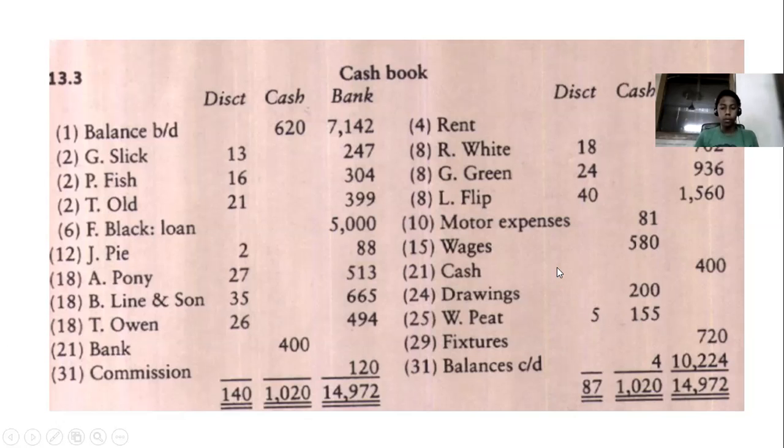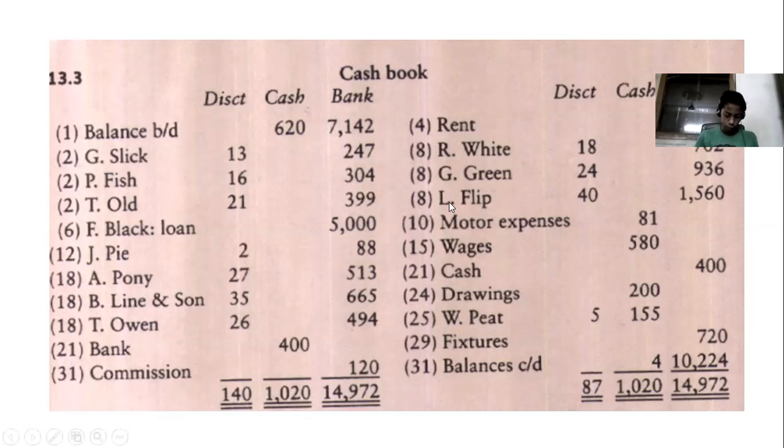I'm repeating: when you take out cash from the bank for business use, or put cash into the bank, both accounts are affected, and you write on the debit and credit sides. That is called contra. We will discuss it in the next classes as well.